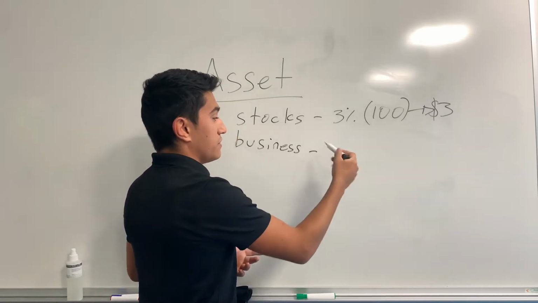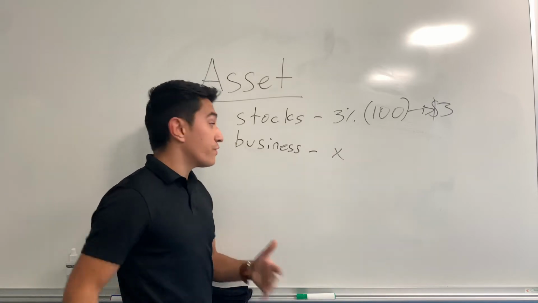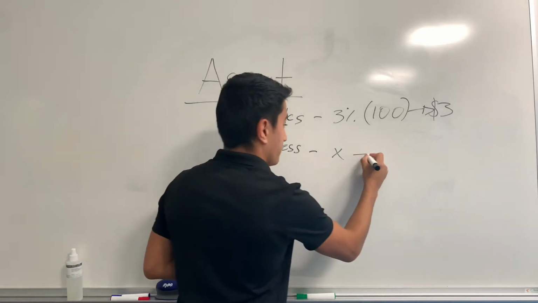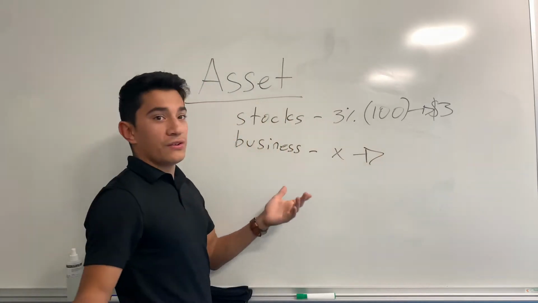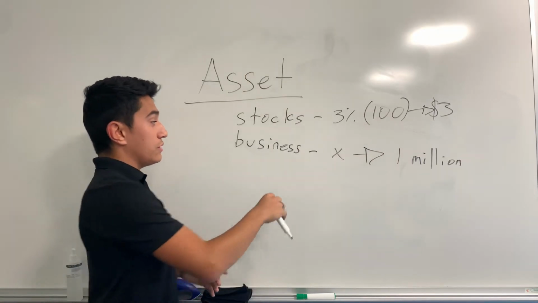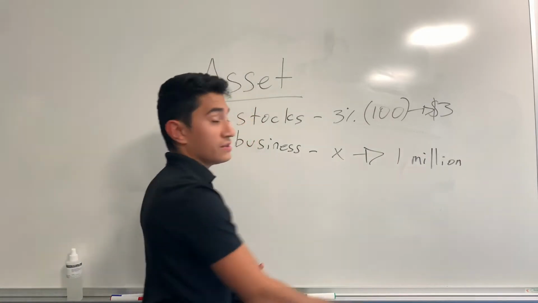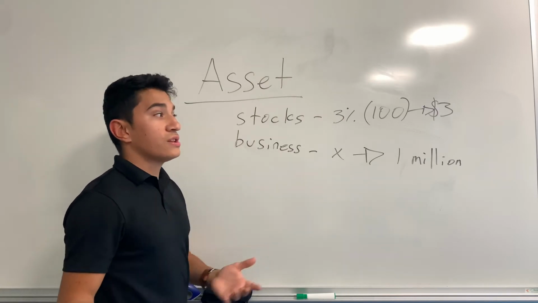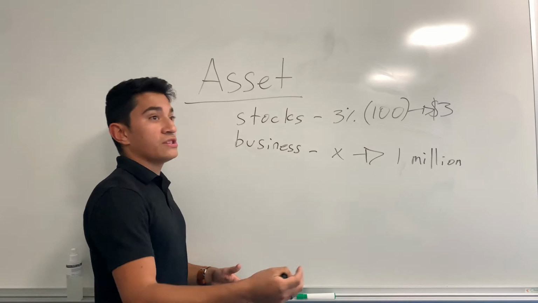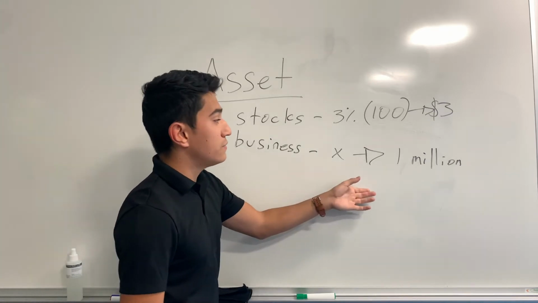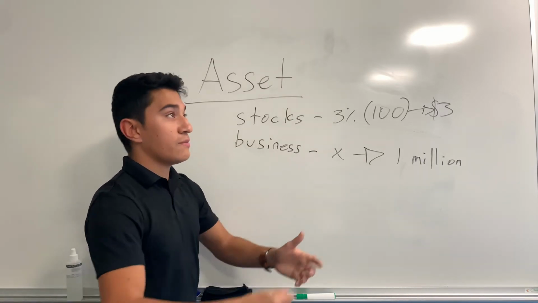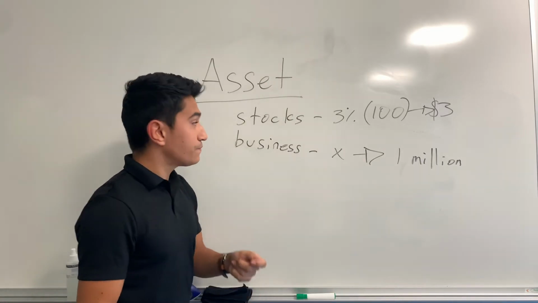Let's say you invest X amount of money and energy to start the business, and it's worth $1 million, and it's also generating $100,000 a year in revenue. Then we know it'll give us an income of $100,000 a year, because that's the revenue we're making.